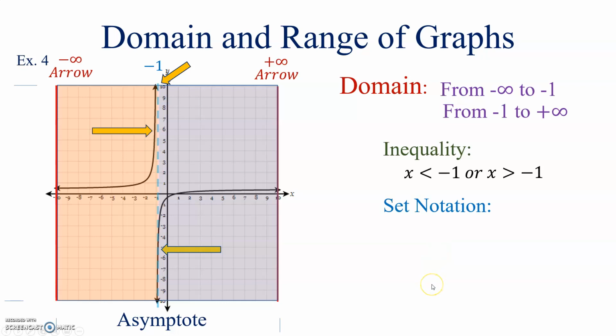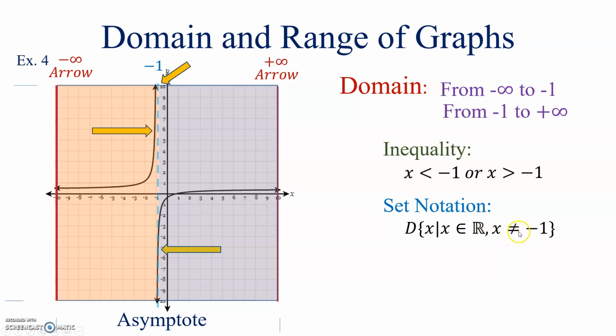If we look at it in set notation, it's going to be the exact same thing as the inequality, but now we're using the braces. Here's what this says. The set domain is the set of all x's such that x is an element of all real numbers.